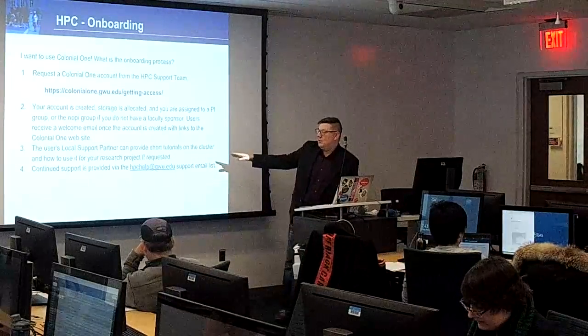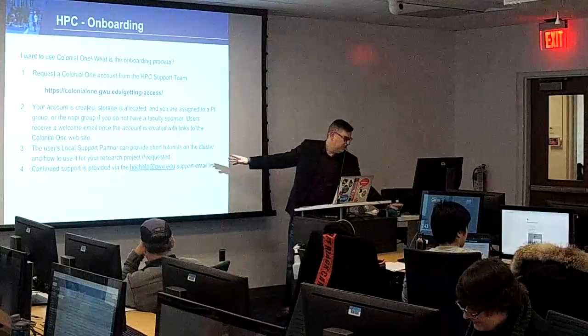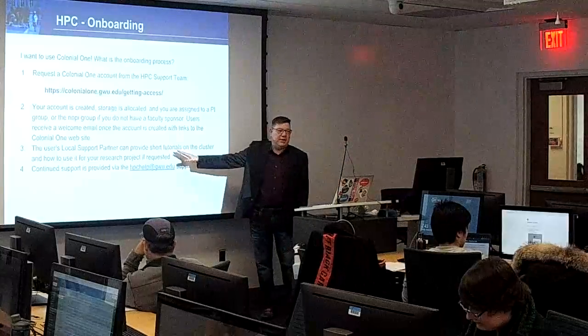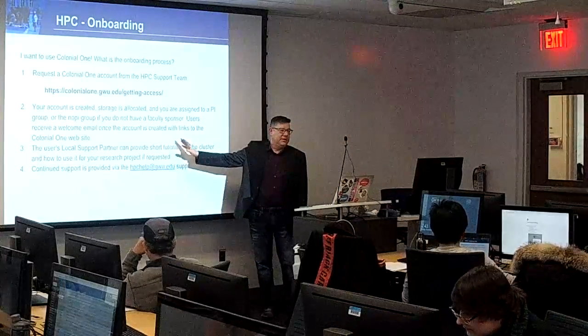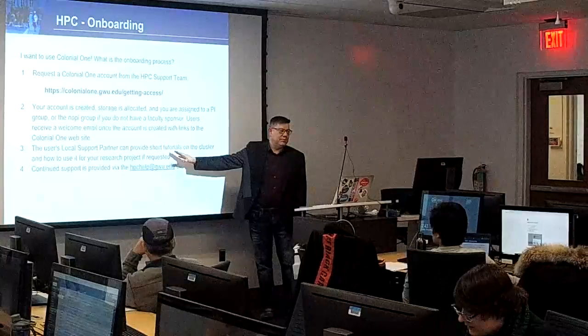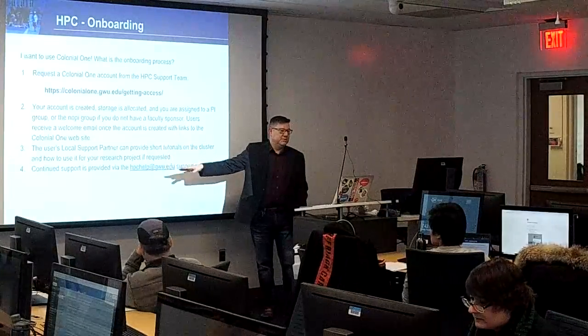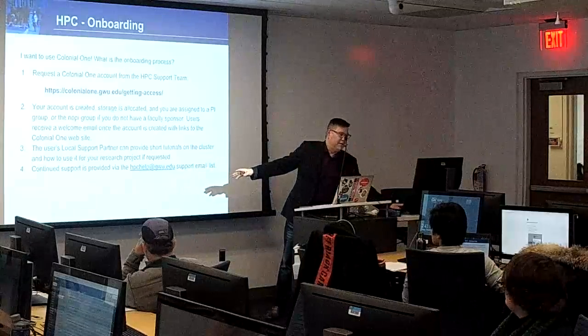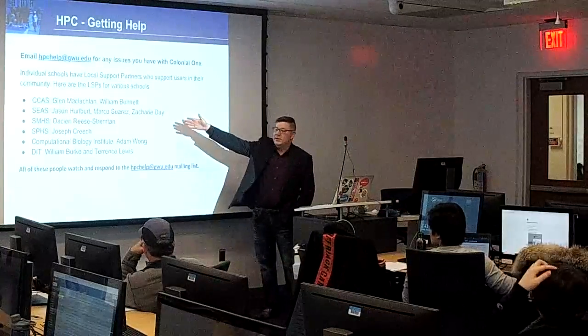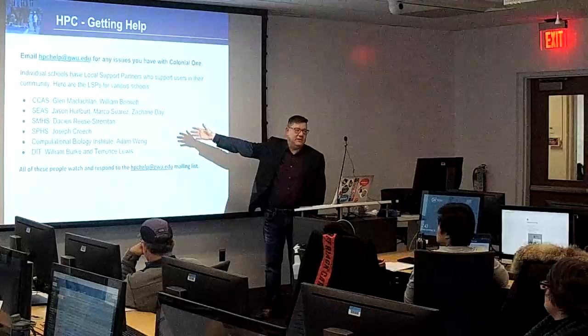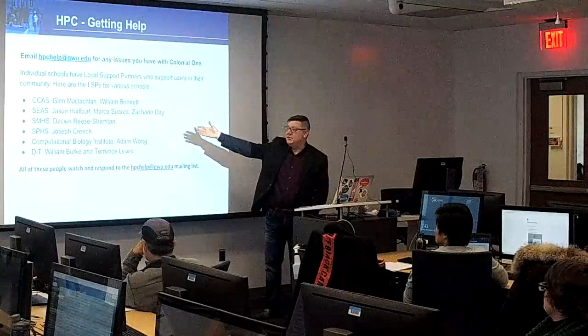The local support partner can provide individualized support if you have one. I don't recognize a lot of people in this room, so I don't know what schools you're from, but it would go back here. If you're in Columbian College, they have the Office of OTS. If you're in SEAS, we have the SEAS Computing Facility.